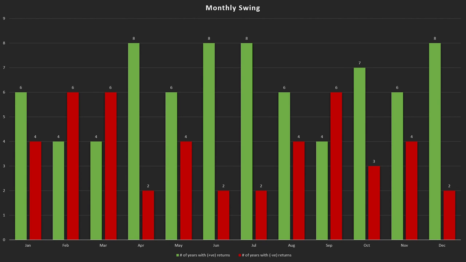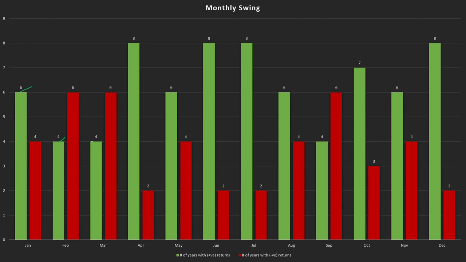Let's move on to the final graph, which is the monthly swing graph. In this, the green bars represent the positive return years and the red bars the negative return years. In January, in the last 10 years, there were positive returns in 6 years out of 10.